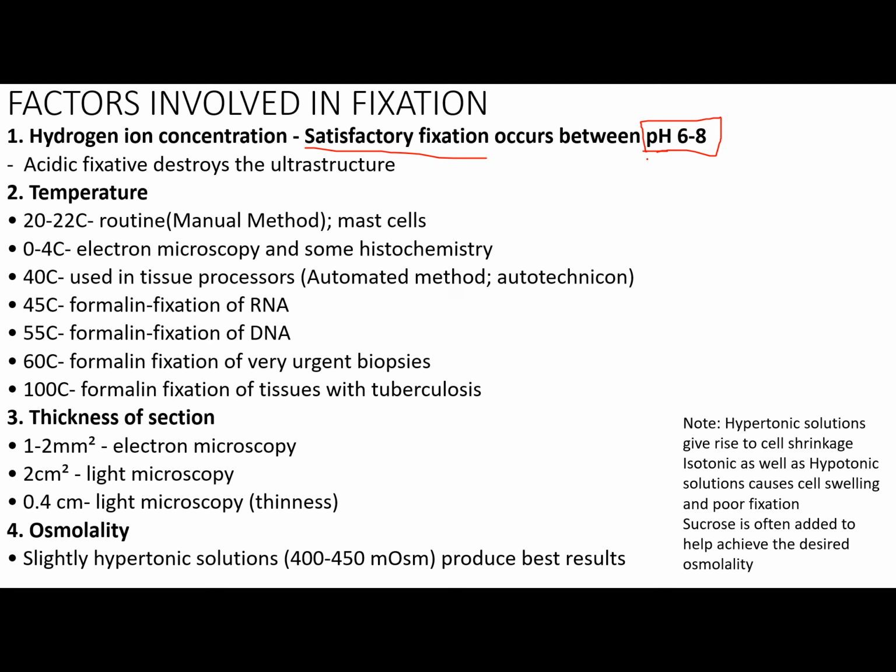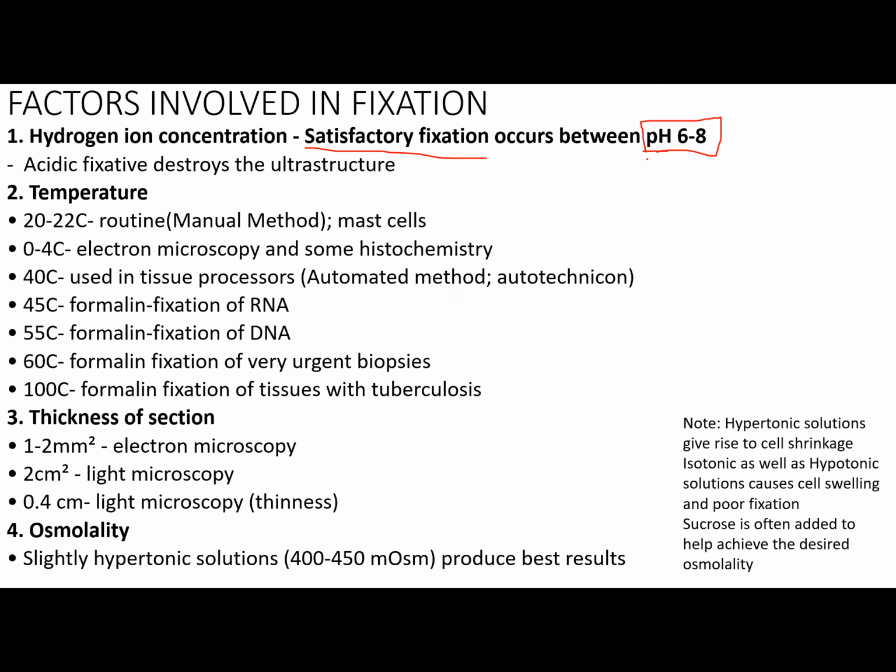There are different temperatures, class, depending on the type or the purpose of your tissue sample. If you're going to use a routine fixation, the manual method, manual routine method, and for mast cell processing, you need to make sure that the fixative is at a temperature of 20 to 22 degrees centigrade.